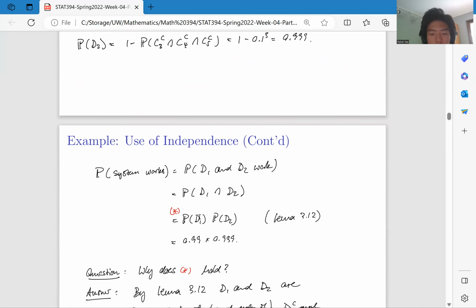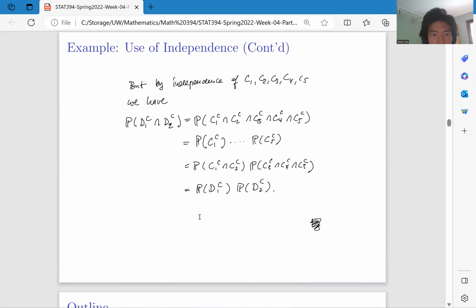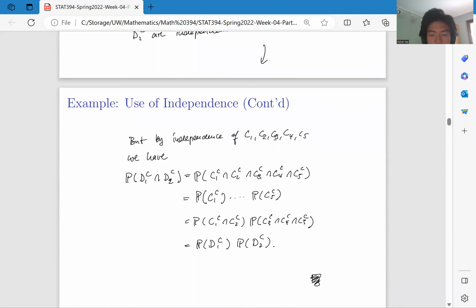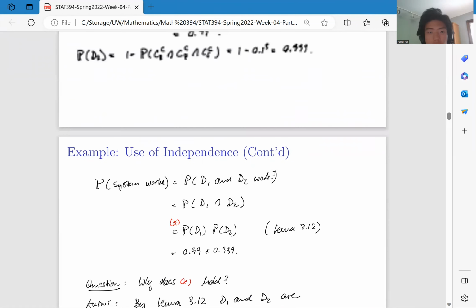Because D2 is equal to C3 union with C4 union with C5, and D1 is equal to C1 union with C2, and they are all in intersection form, if the original C1, C2, C3, C4, C5 are independent, then their complements are also independent.